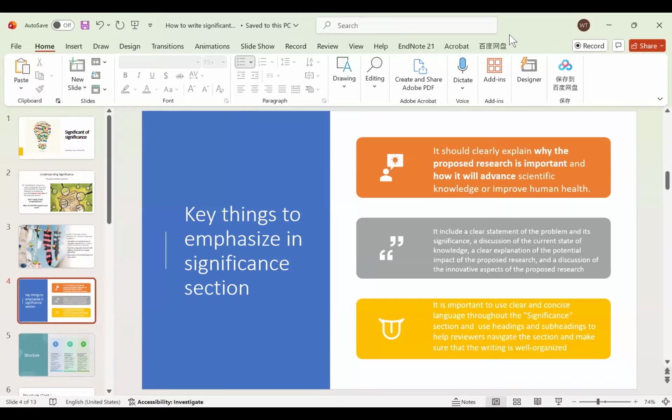Don't use literature published many years ago, especially for epidemiology data. If you cite that reference, the reviewer will say, okay, this is an old problem. It may not be relevant to the current issues. It will not reflect the current problems. So that's why you want to use the most recent publications or literature to support your statement.